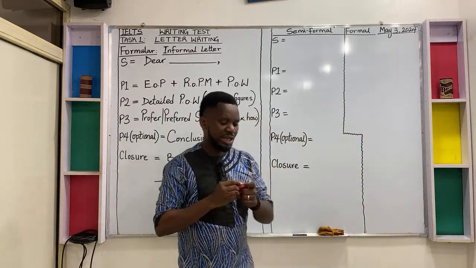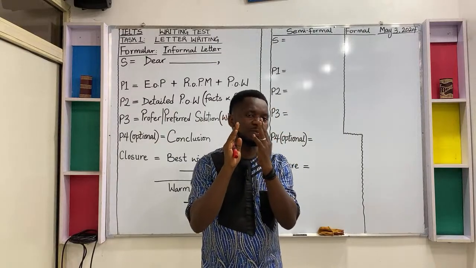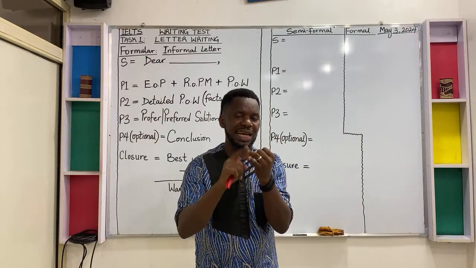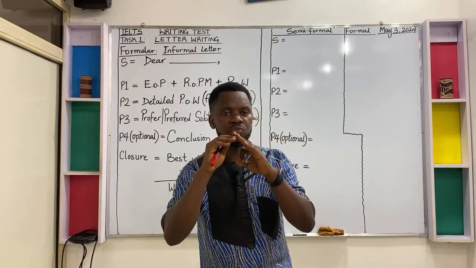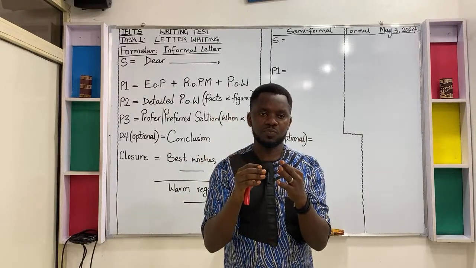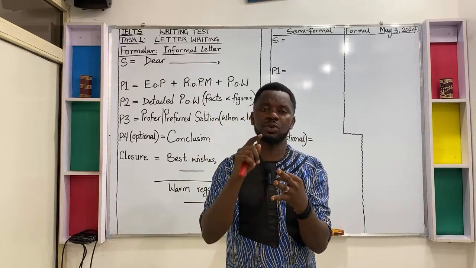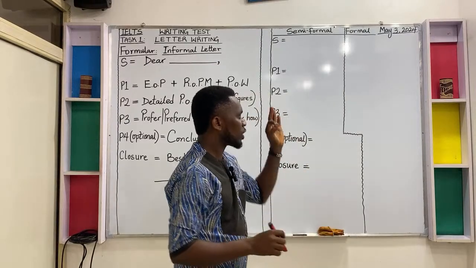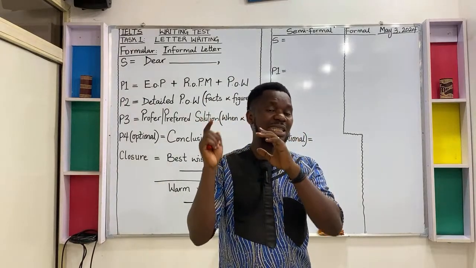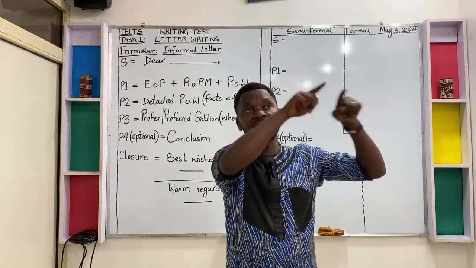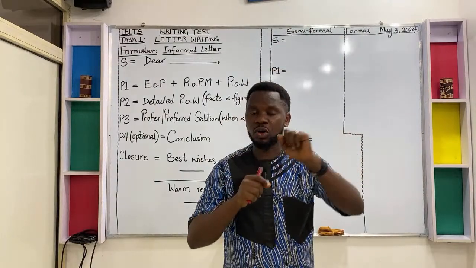Remember, in your letter writing, whether it is a formal, semi-formal or informal letter, you don't need your address, the writer's address that you write at the top right-hand corner of your letter.